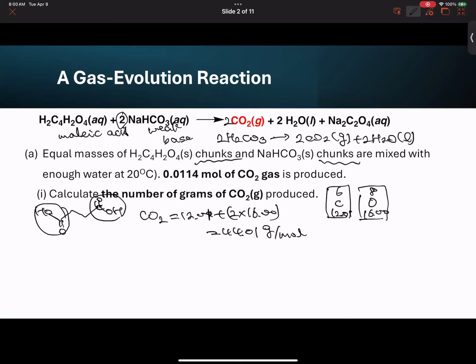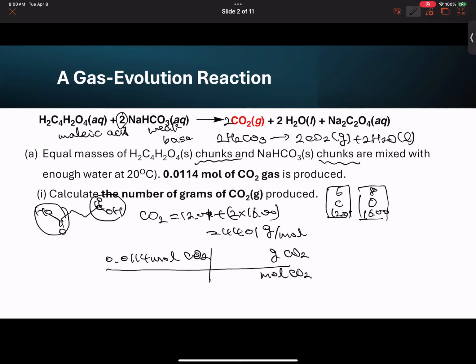This is a ratio. Always keep in mind using it as a conversion factor. So let's start from the given amount, 0.0114 moles of carbon dioxide gas, and multiply by a conversion factor. Moles is given, so moles of carbon dioxide gas must be written in the denominator and grams of carbon dioxide in the numerator.